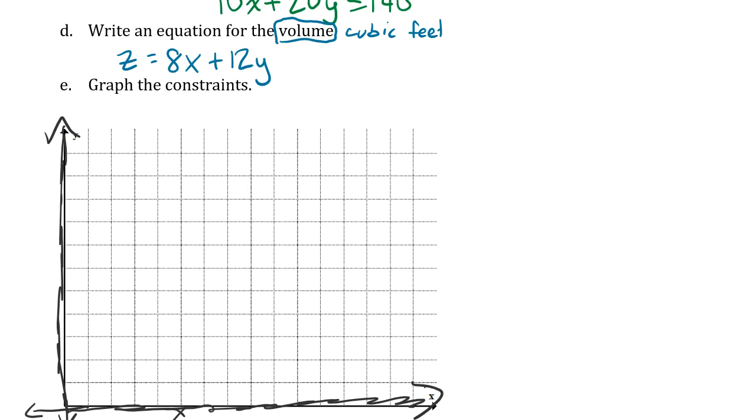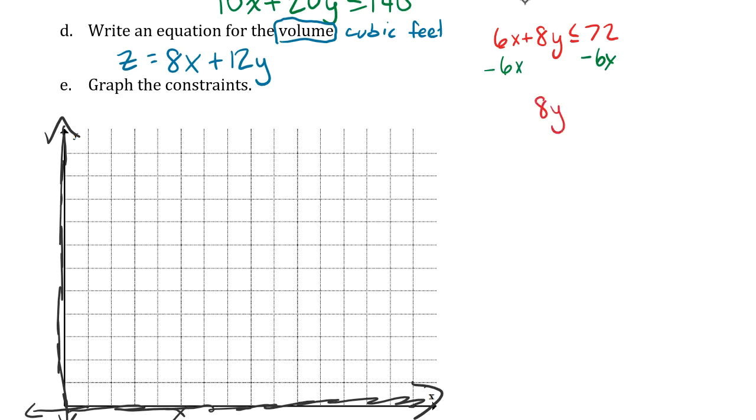All right, next up, we had 6x plus 8y less than or equal to 72. In order to do this, we can just solve for y. So to solve for y, we subtract 6x from both sides.